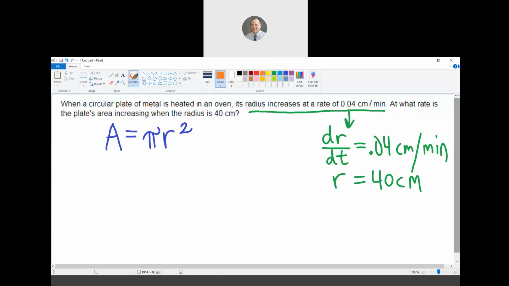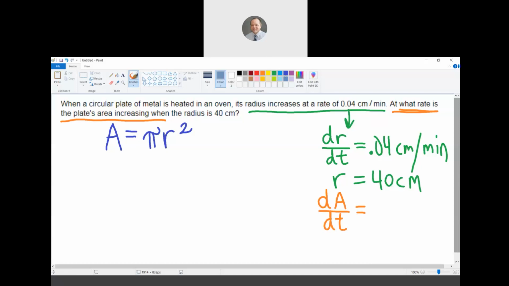And what we're looking for is the rate that the plate's area is increasing. That translates to the derivative of A with respect to time. So that's the unknown that we're looking for.